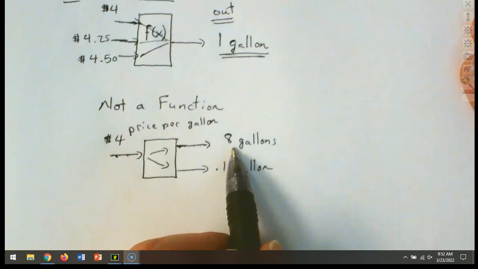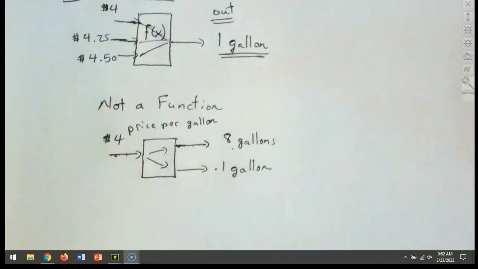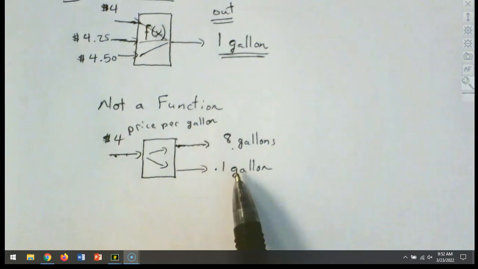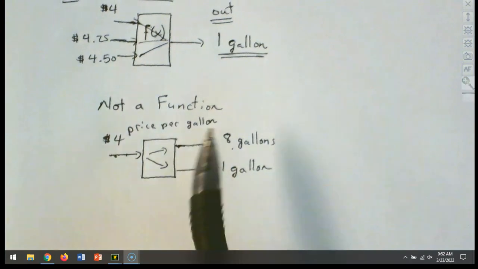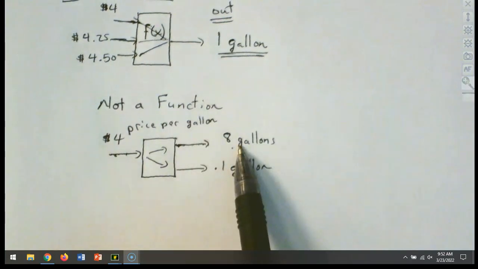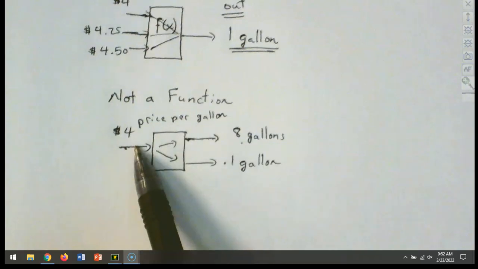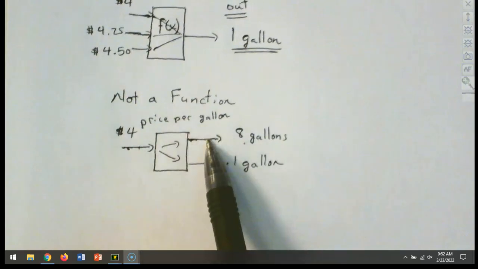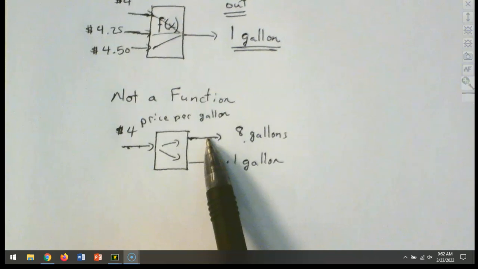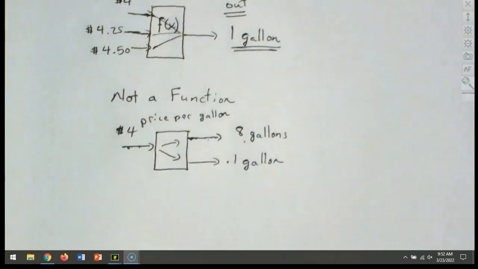No, it doesn't make sense, right? And that's not how it works. This doesn't make sense at all. $4 in gives you a gallon of gas, not on Monday a gallon and Wednesday 8 gallons. It doesn't do that, right? It's a fixed price. One thing goes in, one thing comes out. They might all go to the same thing, but you can't split the X value.